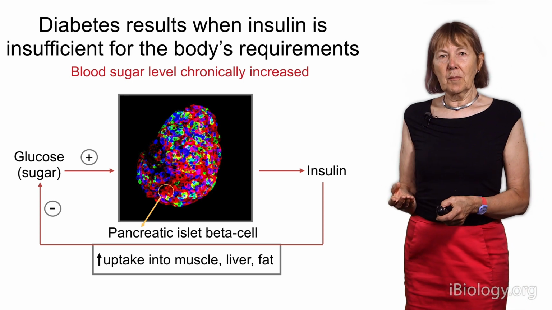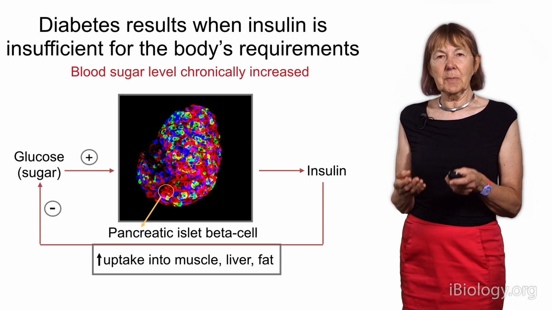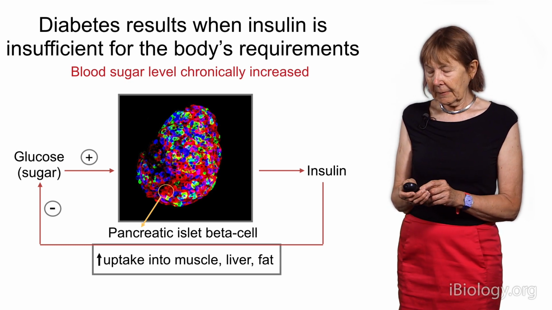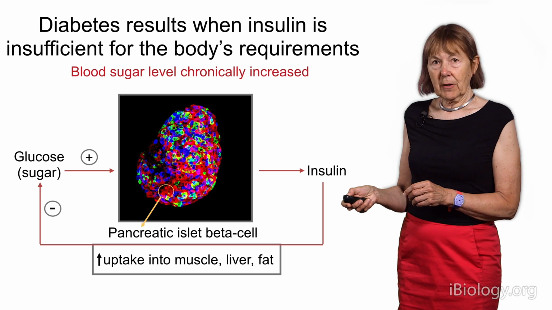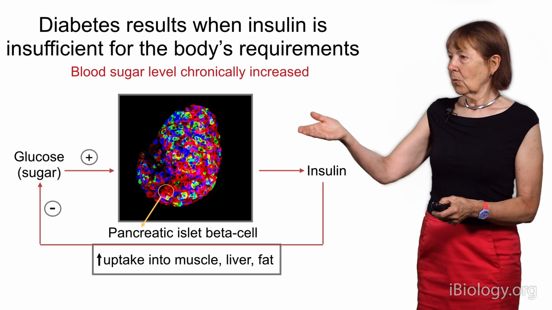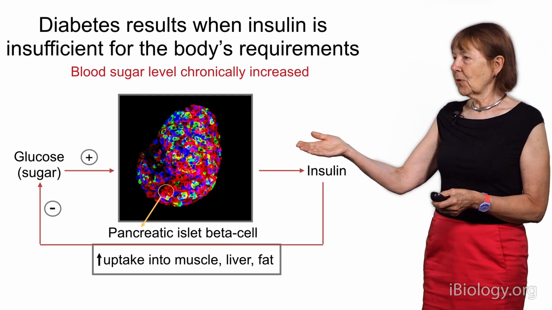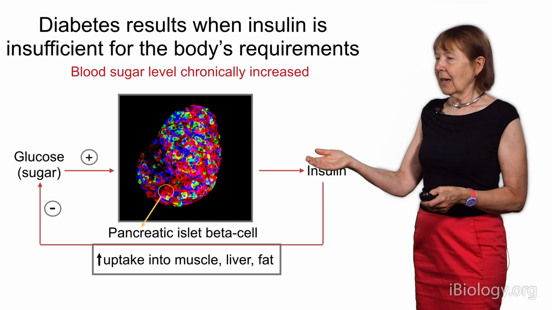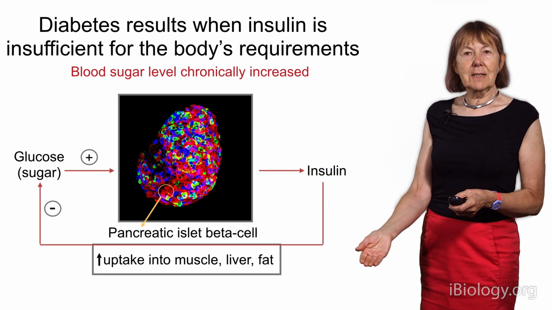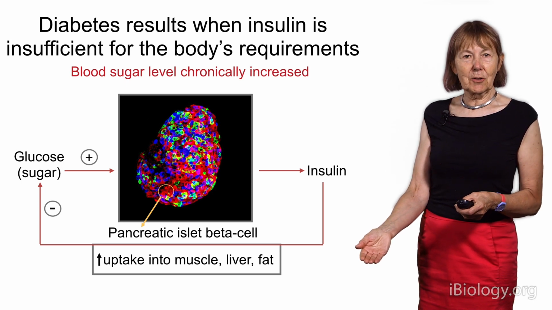Insulin is the only hormone that's able to lower the blood glucose level, which is why it plays such an important role in regulating your blood sugar level. So every time you have a meal, your blood sugar will rise, and that will stimulate the release of insulin from the pancreatic beta cells, and that in turn will stimulate the uptake of glucose into muscle, liver, and fat, thereby restoring the blood sugar level to its resting concentration.